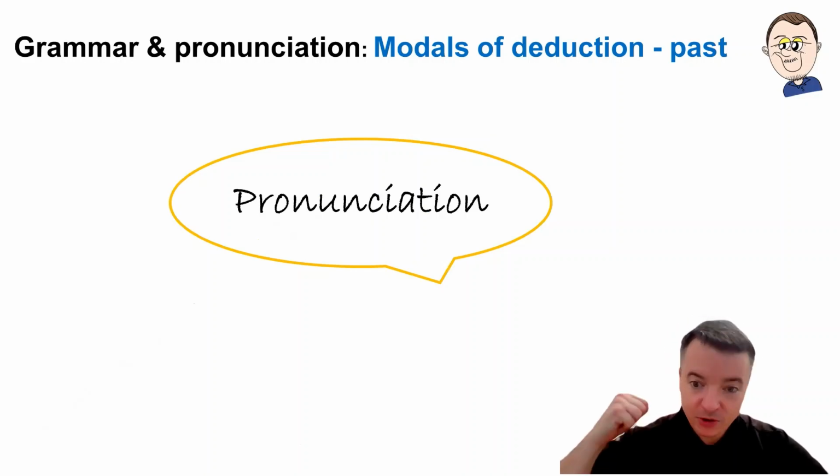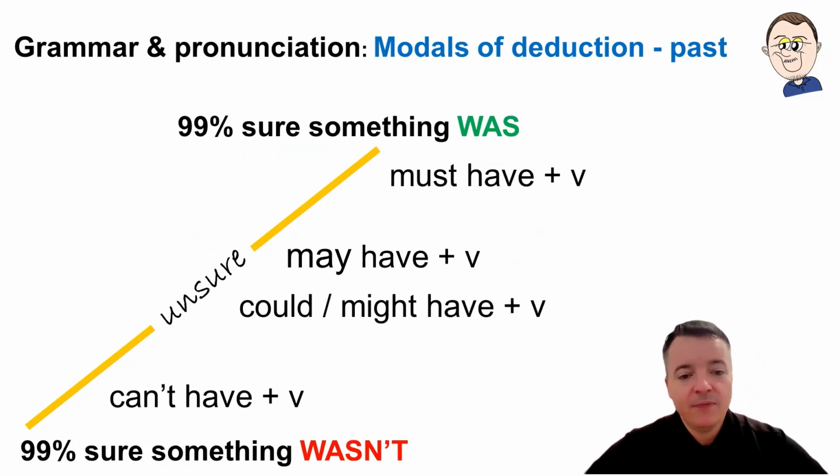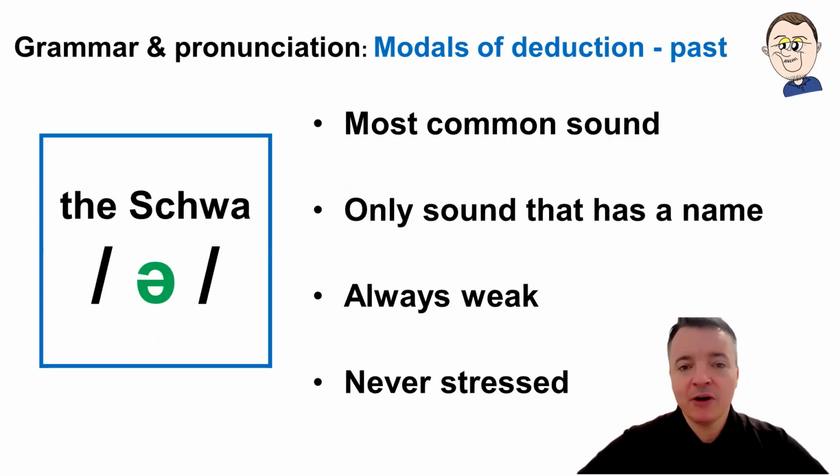We don't say it strongly. It's weak. Must have, may have, might have, could have. So that sound, the uh, is called the schwa. It's the most common sound. It's the only sound that has a name. It's always weak, never stressed.